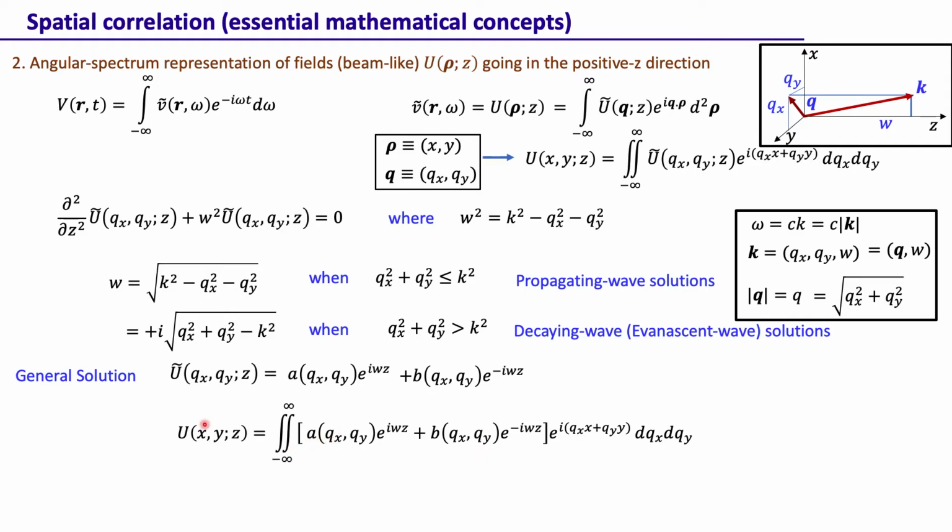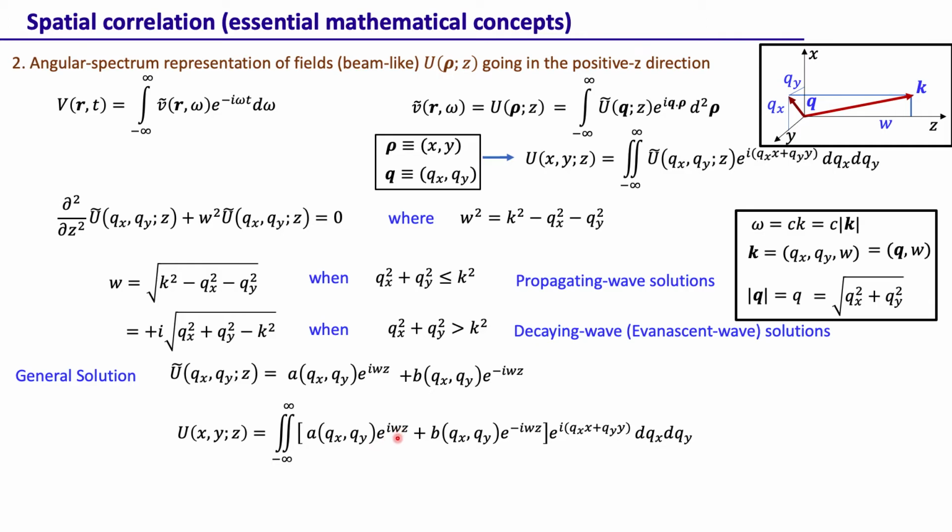Okay. Now let me point out that here the spatiotemporal field is V(r, t), and the time dependence of each V tilde (r, omega) or u(rho, z) is e to the minus i omega t. So the implicit time dependence here is e to the minus i omega t.